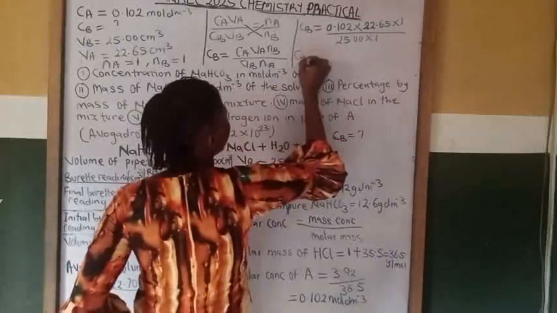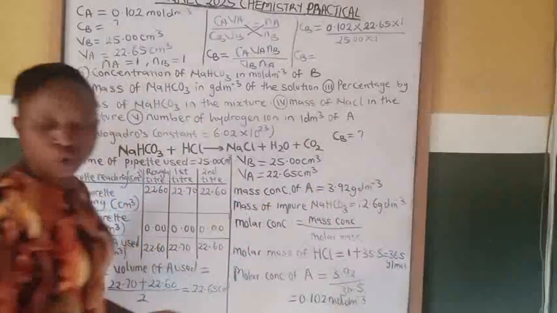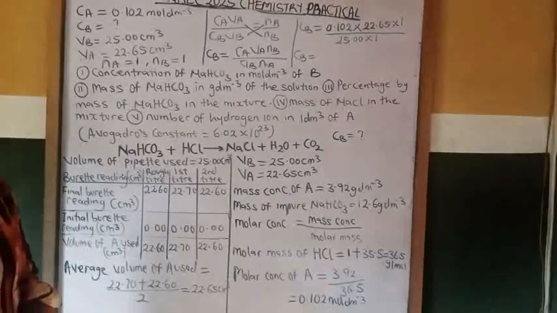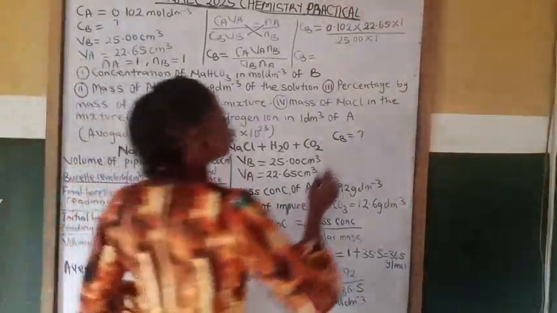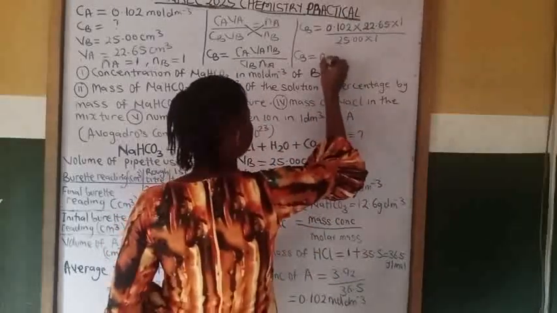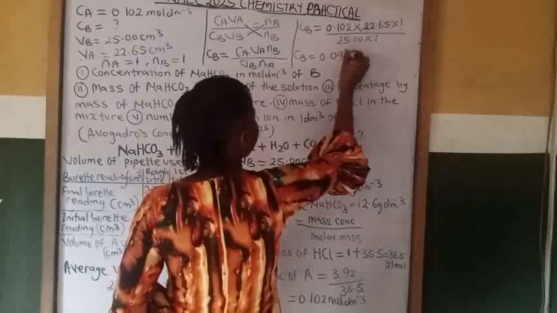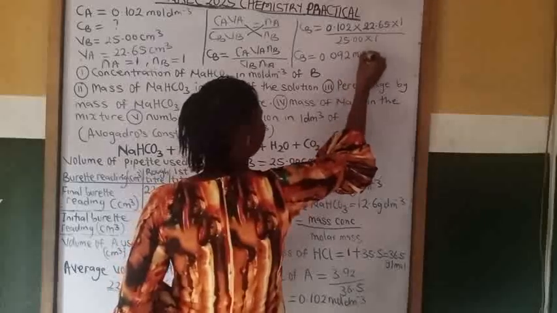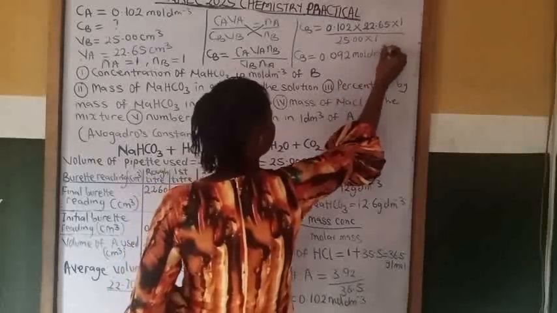So what will be the final answer for Cb? By the time you divide what you have up by what you have down, you are going to get 0.092 mole per dm cube.